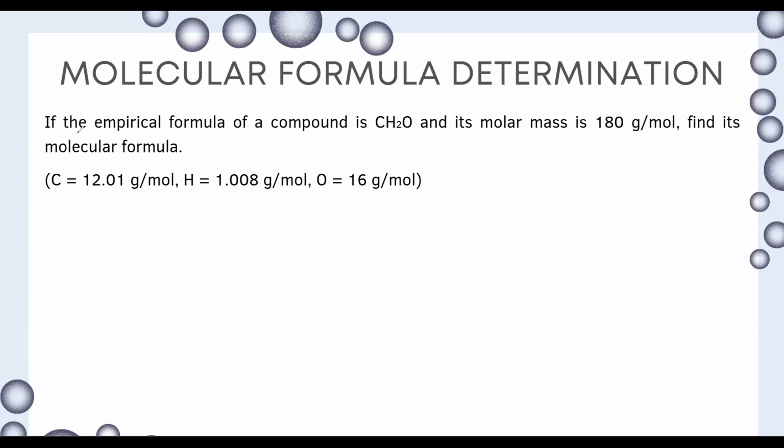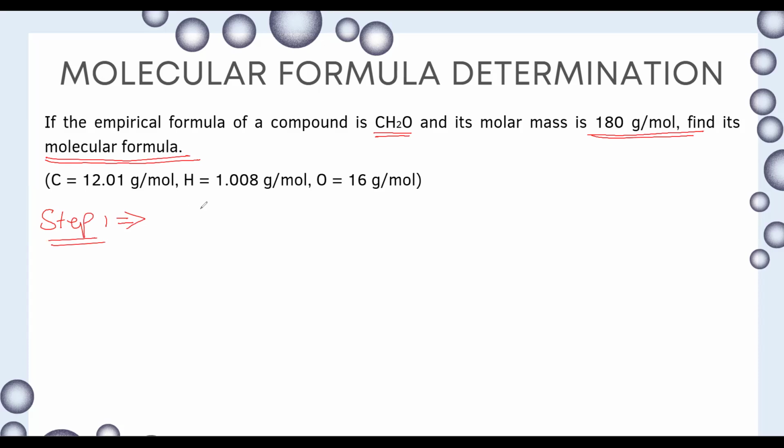I was saying this question on the screen is saying, if the empirical formula of a compound is CH2O and its molar mass is 180 grams per mole, find its molecular formula. So now, what is step number 1? We should calculate the empirical formula mass.